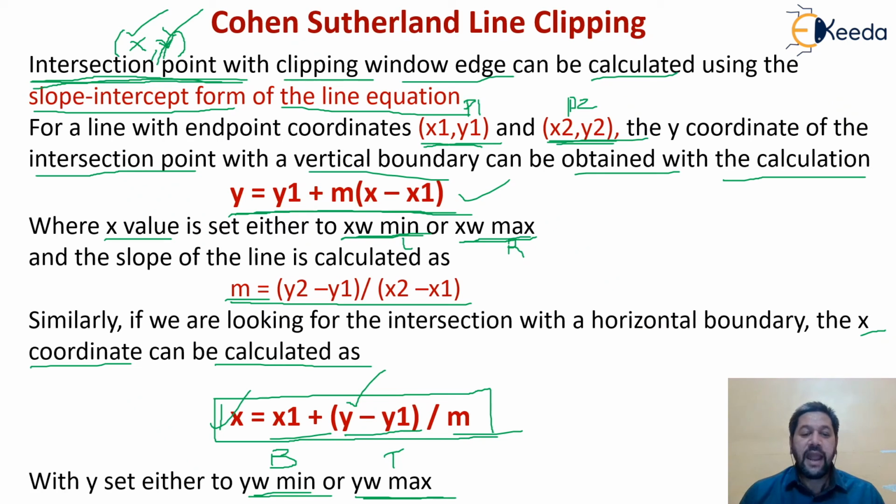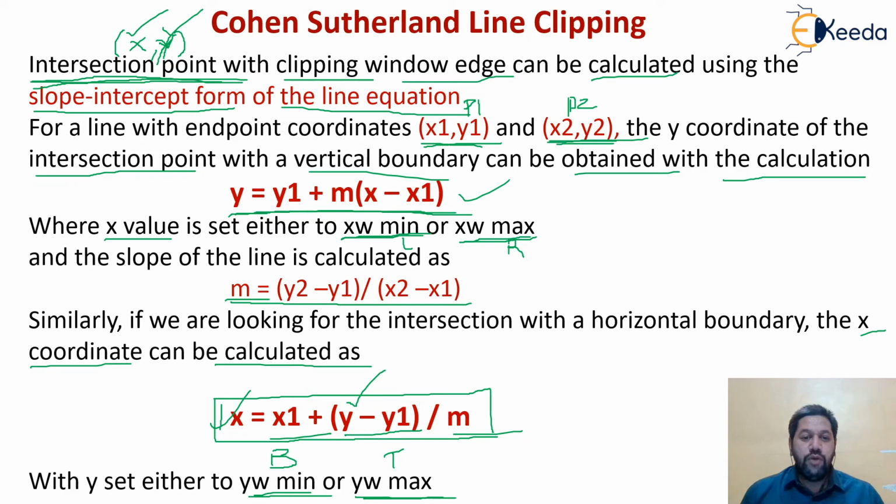Okay, and everyone already knows the steps that we have to follow in the Cohen Sutherland line clipping algorithm. I told you there are three basic steps. Step number one, find out the endpoint code of the line. Suppose the line is P1 to P2, find out the endpoint code of P1 and the endpoint code of P2.